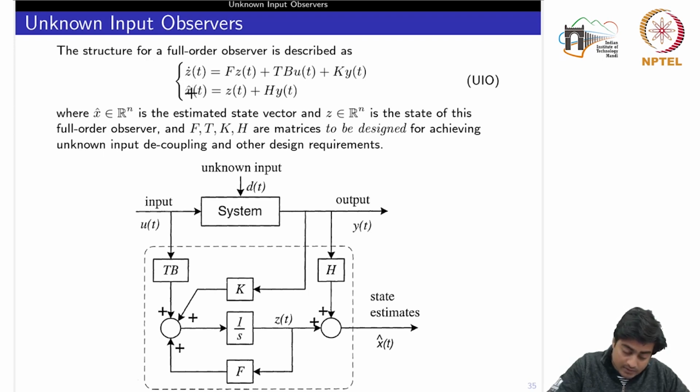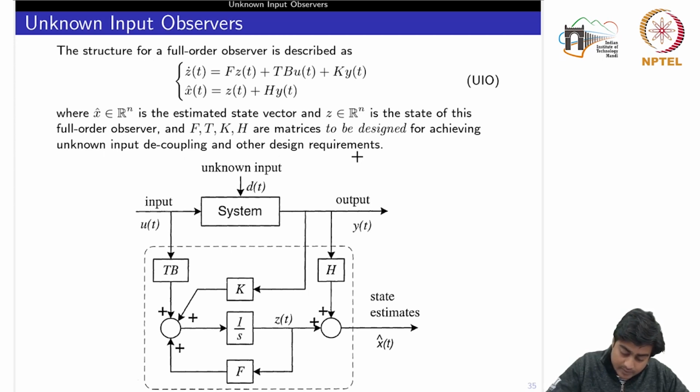We call it the full order observer because the dimension of the state of the observer and the plant remains the same. Here x hat is the estimated state vector, and z is the state of the full order observer. We now need to design the matrices F, T, K and H, because the B matrix is already known to us. These are the matrices to be designed for achieving the unknown input decoupling and other design requirements if we have any.